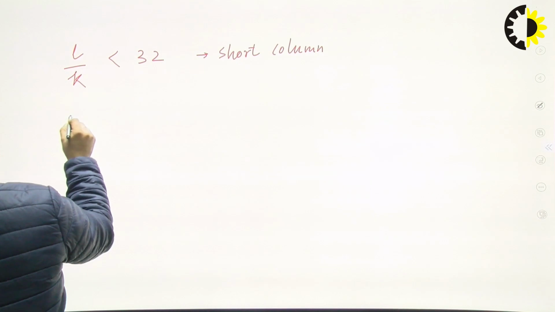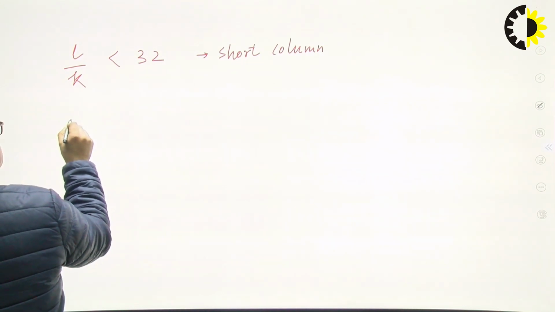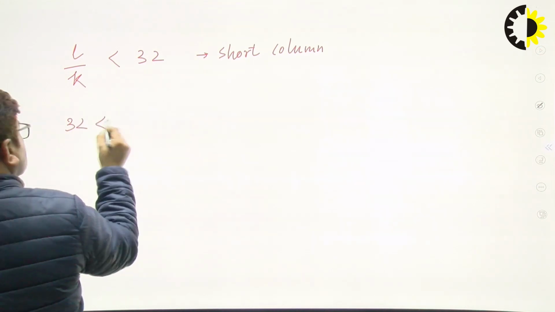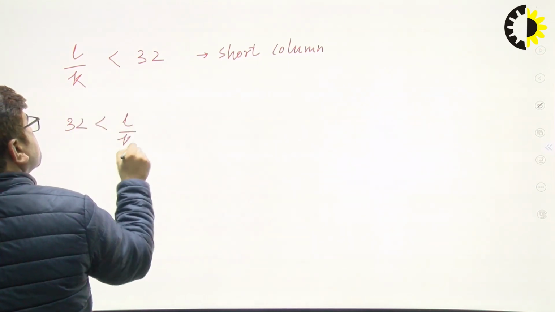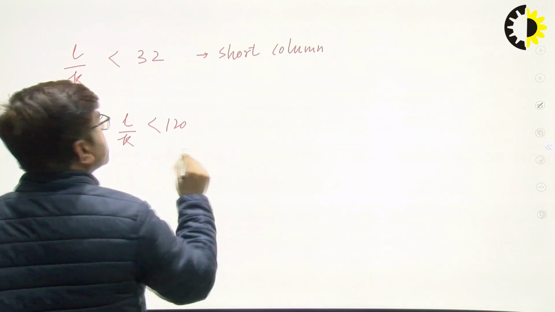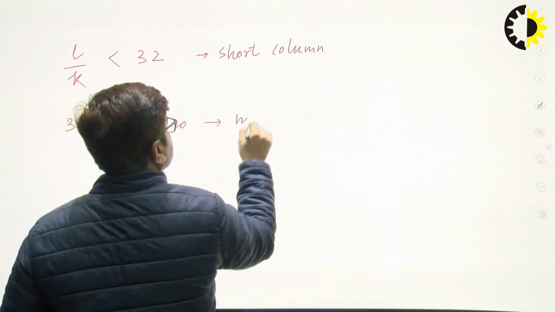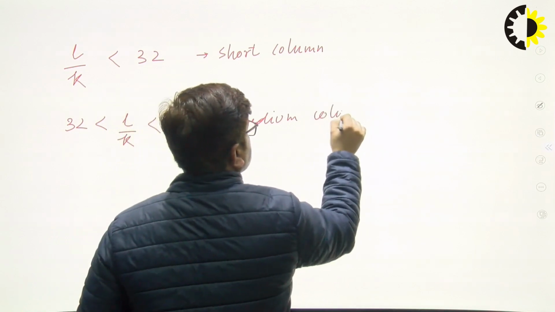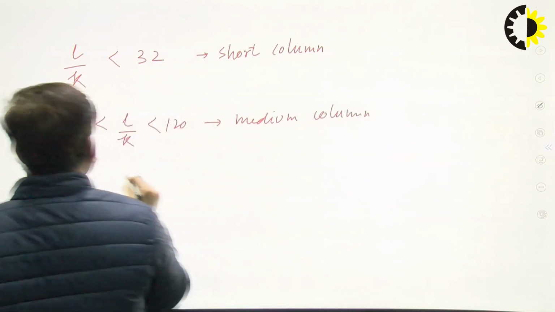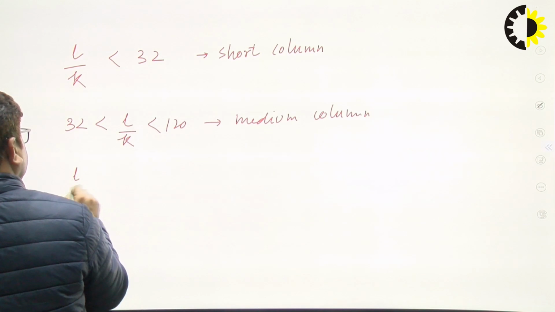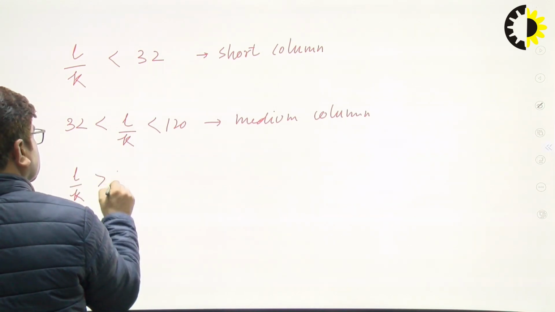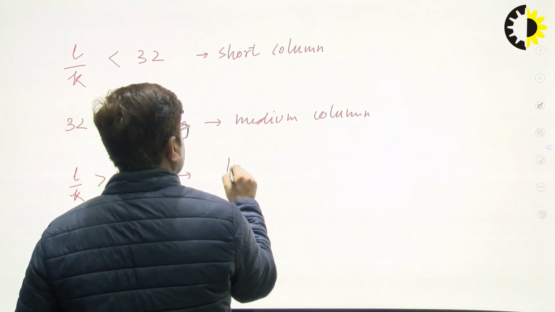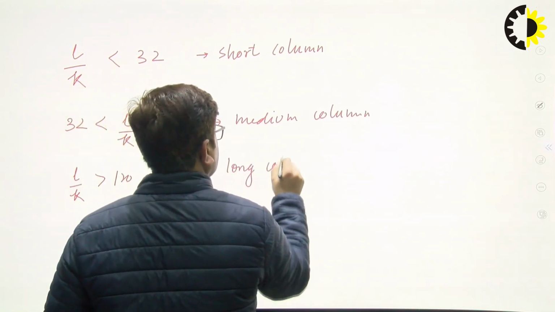If slenderness ratio lies between 32 to 120, it is medium column. And if slenderness ratio is greater than 120, it is long column.